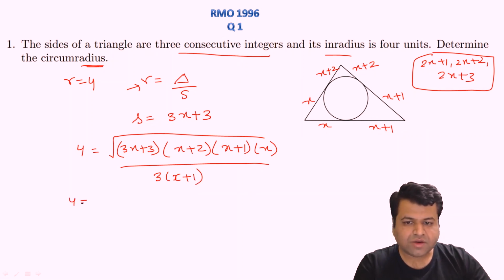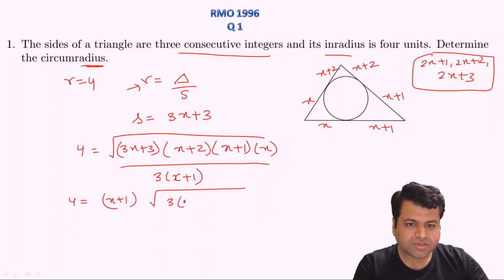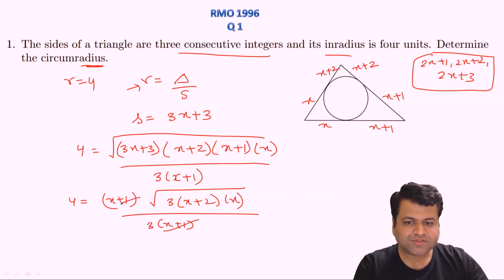So we can simply calculate this. 4 times, let's take x plus 1 as common, so that will become x plus 1 into the square root of 3 times x plus 2 times x, whole upon 3 times x plus 1. This x plus 1 will get cancelled out, right? Let's square the things. So we will get 16 into 3, and 3 squared will be 9. Obviously one 3 will get cancelled out from here, giving x into x plus 2.